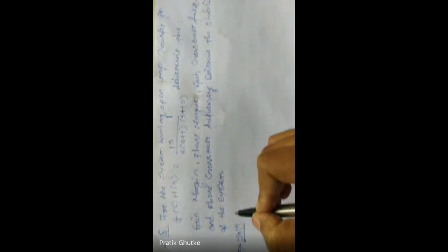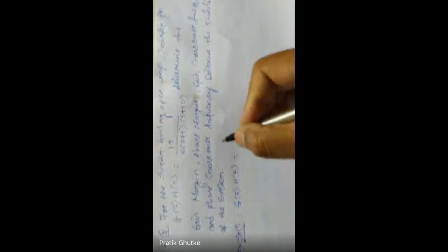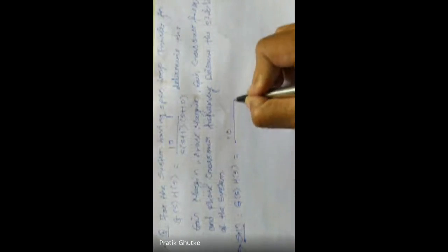Is the question over? So we will start with the solution. I have G(s)H(s) equals 10 divided by (s plus 1)(s plus 10). First of all, I will check if the given transfer function is in standard form or not.